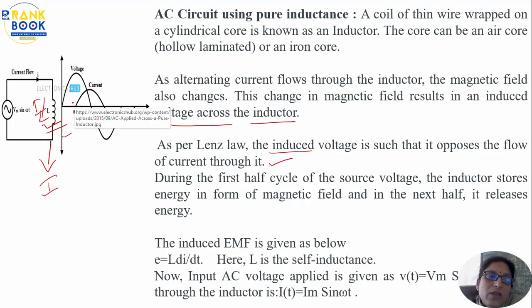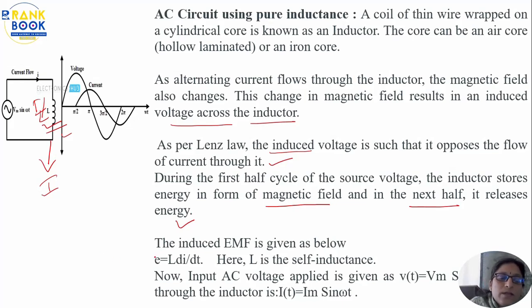During the first half cycle of the source voltage, the inductor stores energy in the form of magnetic field, and in the next half it releases the energy. And this is the expression of induced electromotive force, where L is the self inductance.